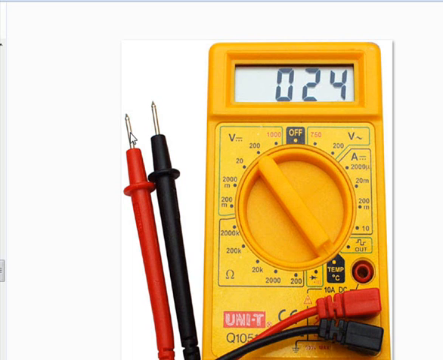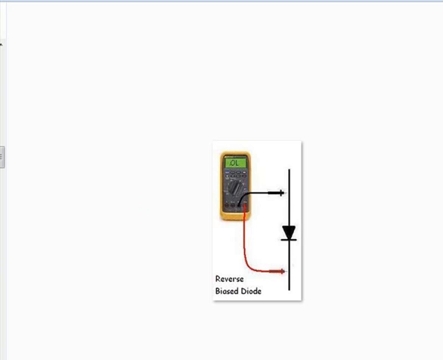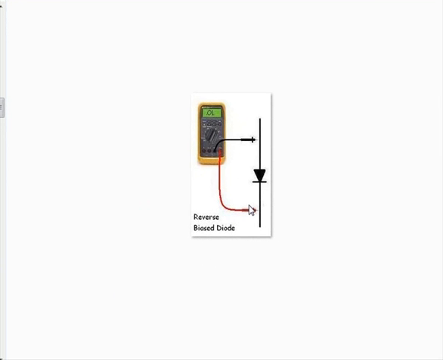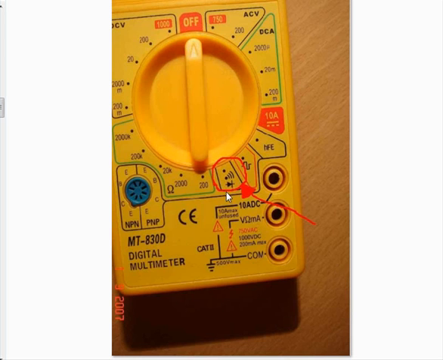How? The red one and the black one. The red one should go to the cathode point of the diode, just the reverse way that we check for a diode. Try to understand. The red one goes to the cathode and the black one to the anode. This is shown for a diode, but what we are talking about here is how to check a photodiode.